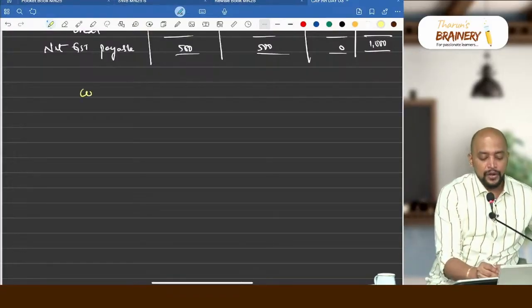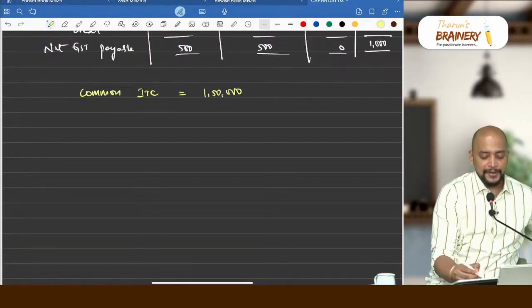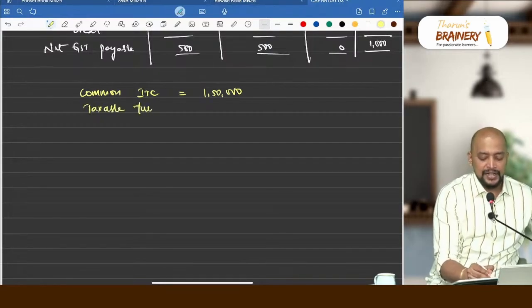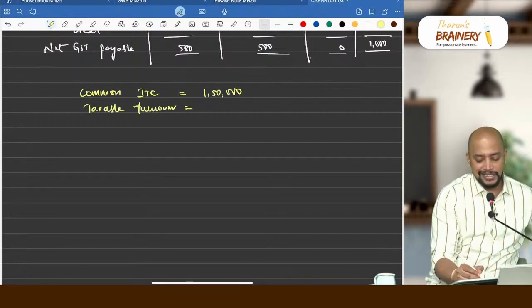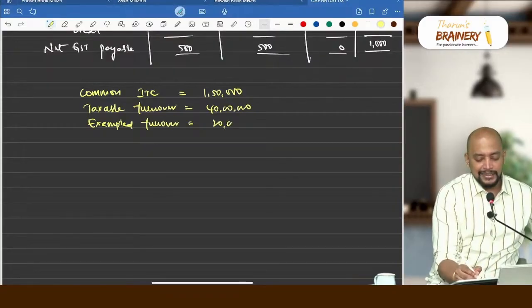This is the format we need to follow. For example, common ITC. The common ITC is somewhere 1,50,000 and the taxable turnover and exempted turnover is given. The taxable turnover is say somewhere like 40 lakhs and exempted turnover is 20 lakhs. Then in that case we will be taking the ITC.